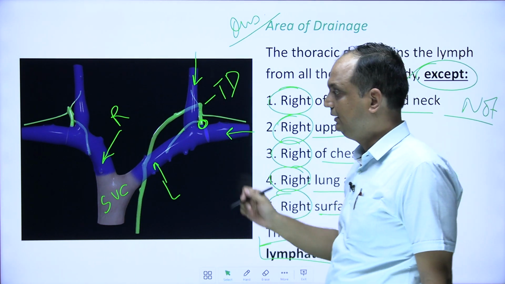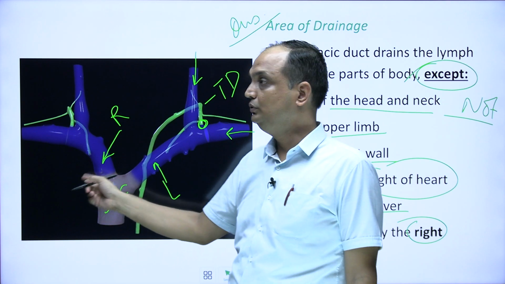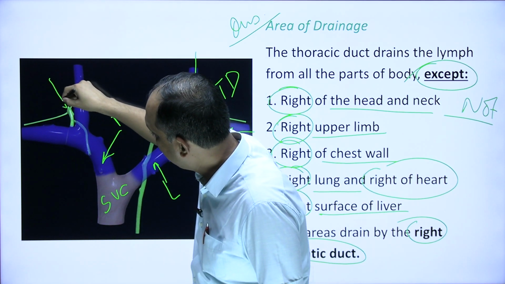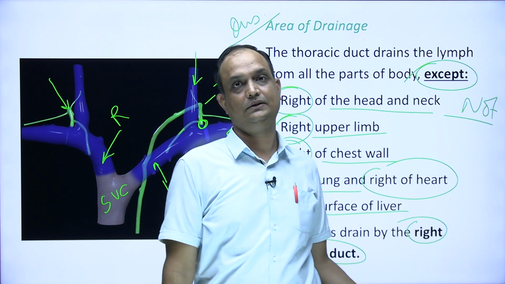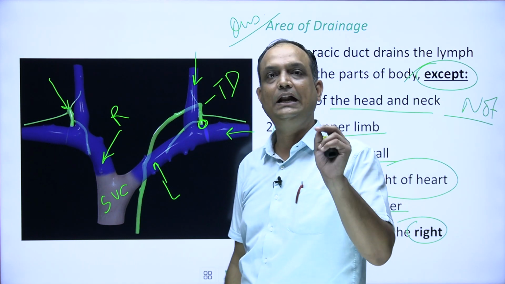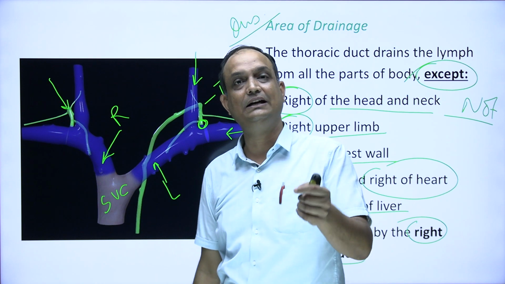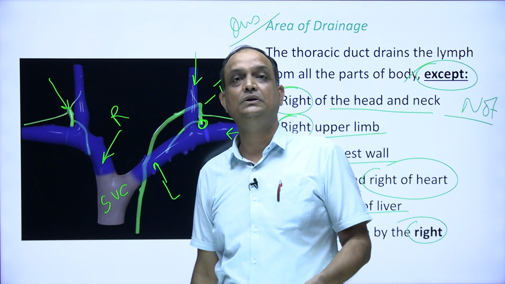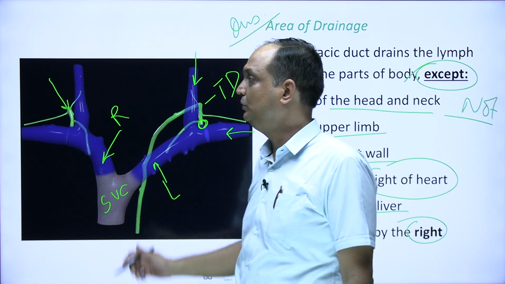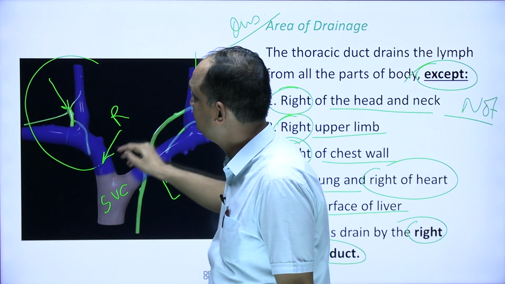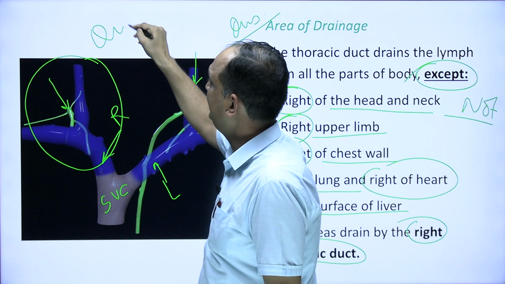Clear? But on the right side you also have one more duct, and this duct is known as the right lymphatic duct. This is a very important question in your exam, which most of the students actually answered wrongly because they don't have the knowledge of this part of your lymphatic drainage.